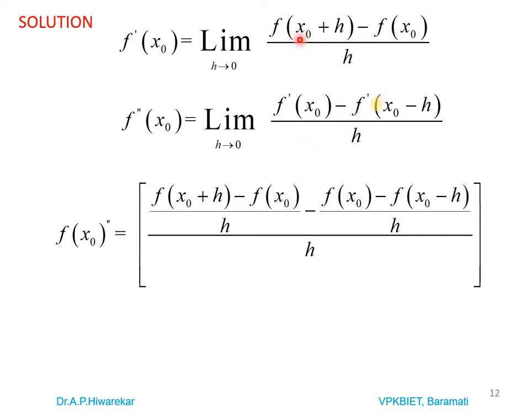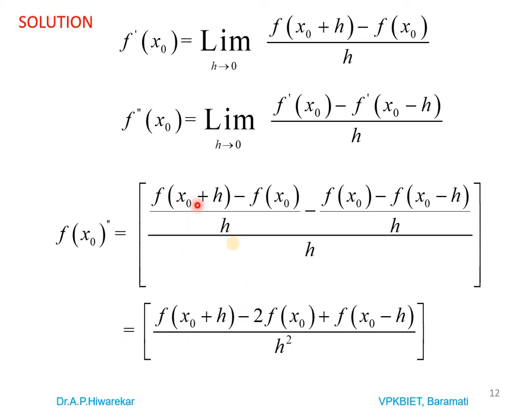Minus, apply this formula where x0 is replaced by x0 minus h. So it is minus f of x0 plus h minus h, that gives f of x0, minus f of x0 here, we have to replace x0 by x0 minus h. That's why it is minus of f of x0 minus h. And this h as it is. So simplify this.